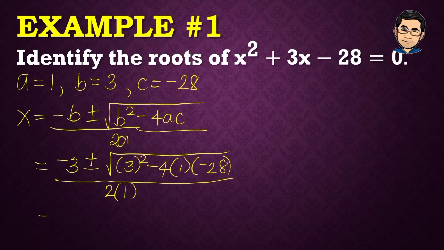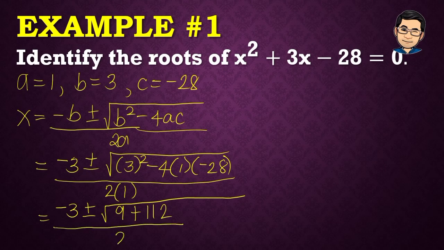Next, negative 3 plus minus the square root of 3 squared, that is 9, minus 4 times 1, negative 4, times negative 28, that is positive 112, all over 2. Napahaba yung square root natin.